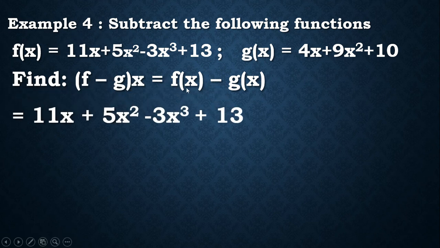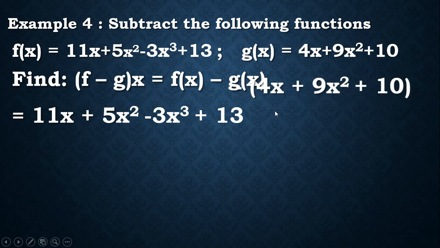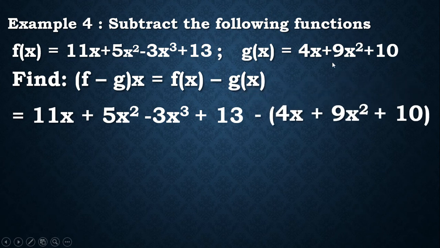So we copy the f(x), which is 11x plus 5x squared minus 3x cubed plus 13. Then we include the operation which is subtraction. We have g(x) enclosed in parentheses, which is 4x plus 9x squared plus 10, to emphasize the operation which is subtraction.